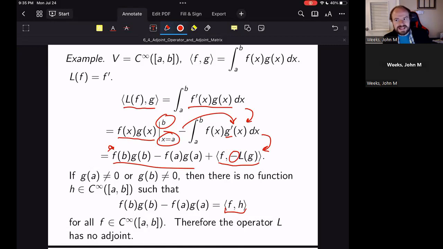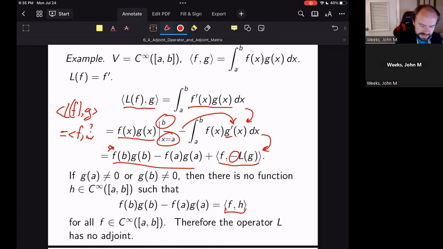So this constant in particular has to be taken care of somehow in order for us to be able to write that L f, g is equal to f of, say, something times g, in order to find out whatever this L star should be inside of here.